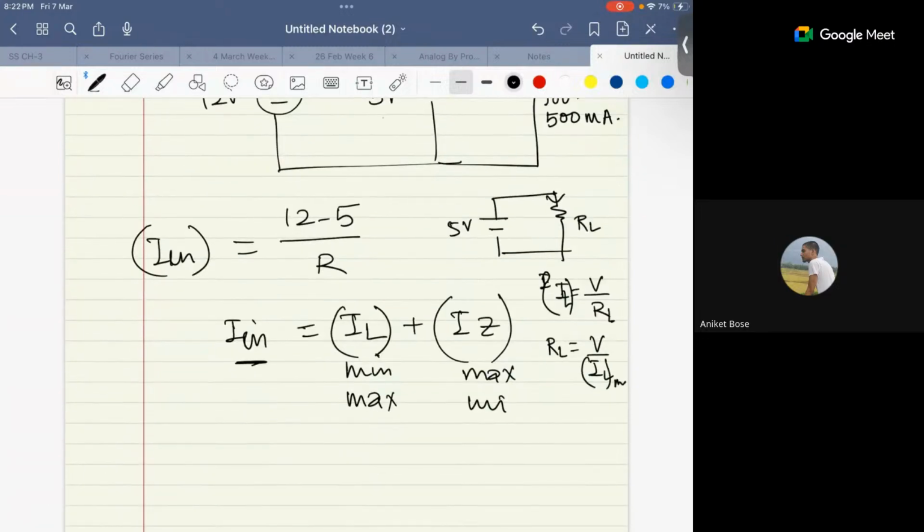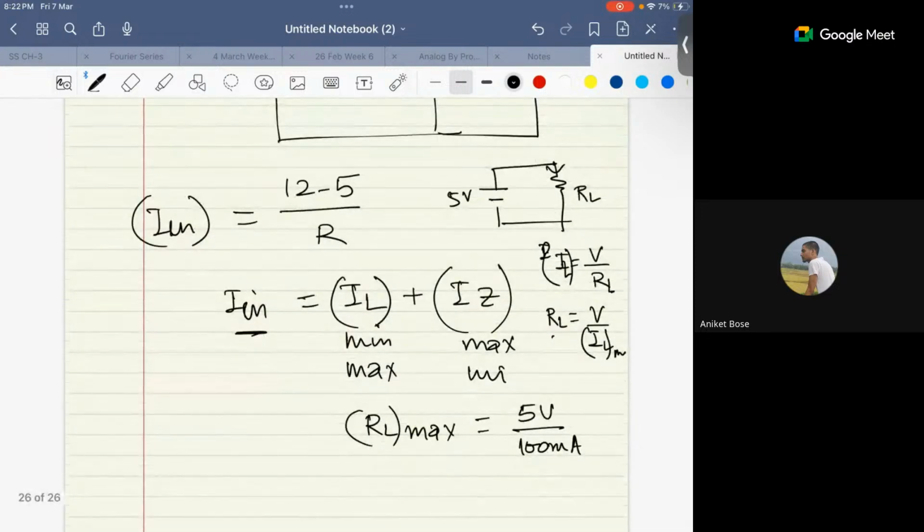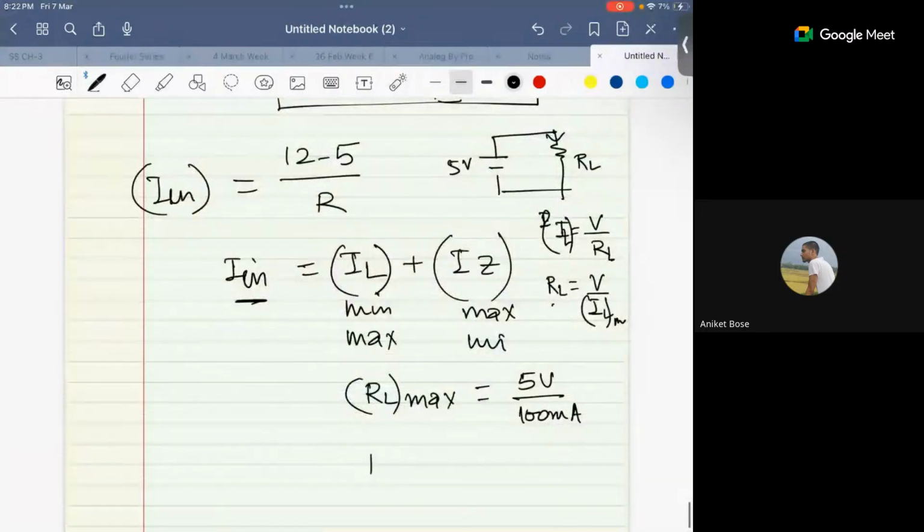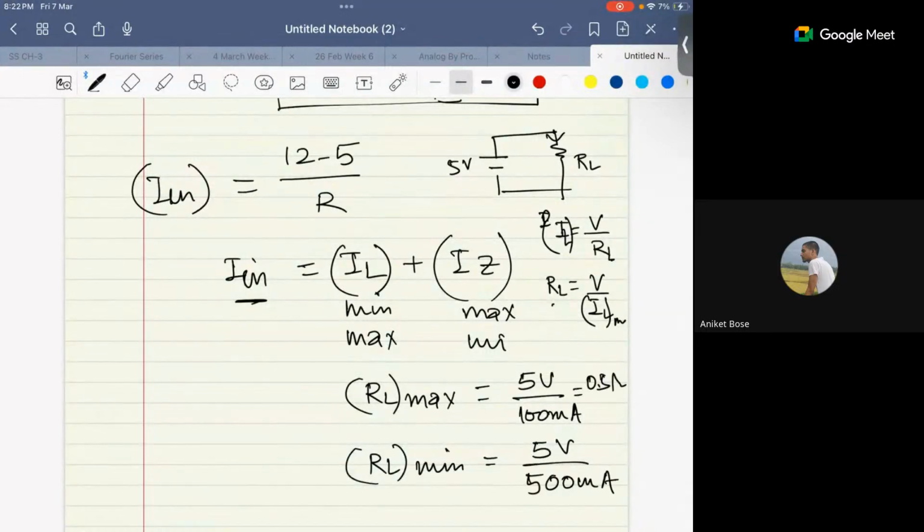Equal to 5 volt upon the minimum current, which is how much? 100 milliampere, correct? Similarly, RL minimum will be how much? 5 volt upon 500 milliampere. So this will be what? 0.5 ohm? No, how much? This is how much?